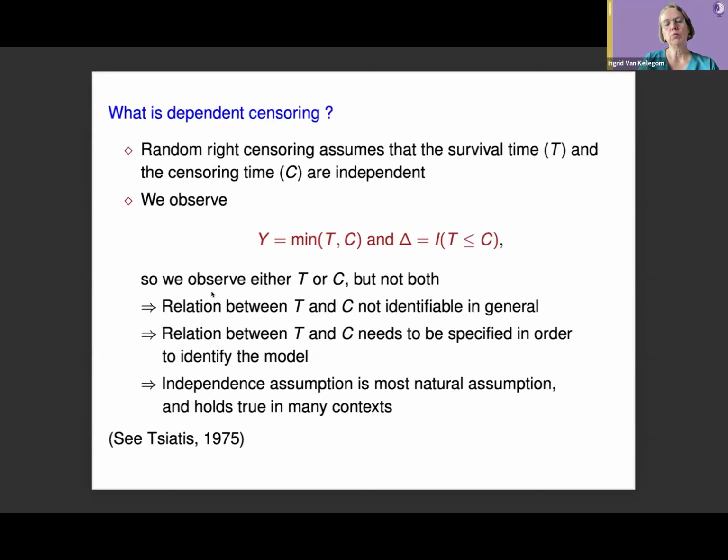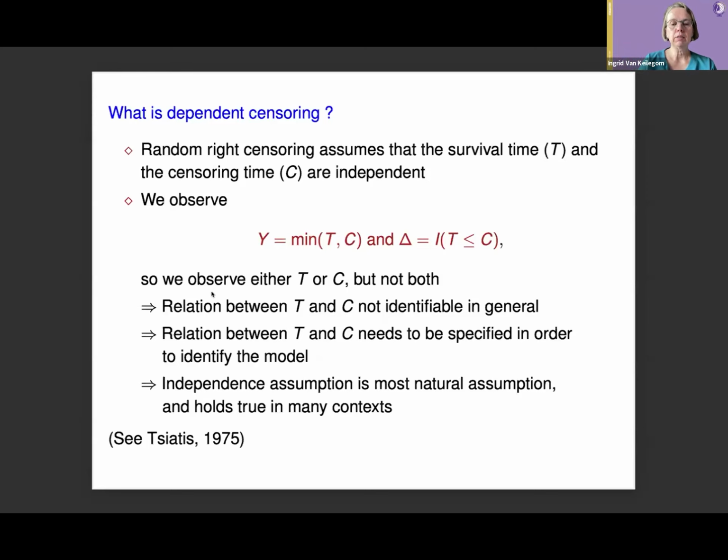Because in practice, you usually only observe the T or the C for a given individual. And so you cannot identify the link, at least not in a non-parametric way, between T and C. And since you cannot identify that link, you have to make an assumption on that relation between T and C, and the independence assumption is the most natural assumption.